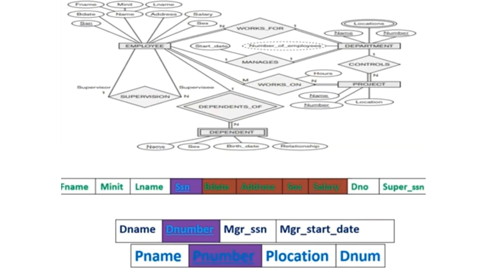In the second, department, all the previous values match this consistency, so it remains the same. While in the third, the project table, it has project name, project number, project location, and in addition, D number.